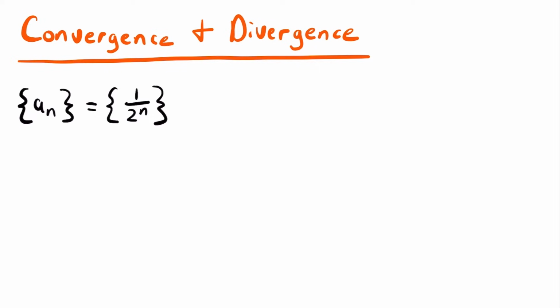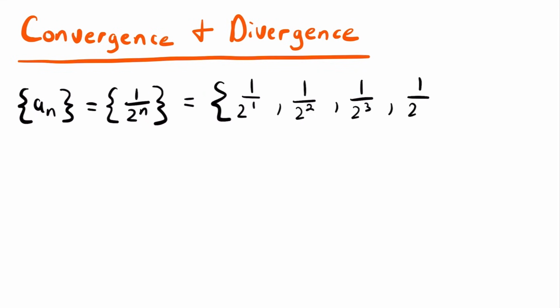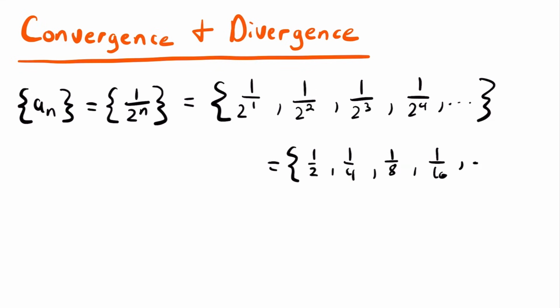If we were to write out those terms, this would be equal to 1 divided by 2 to the power of 1. Then our next term would be 1 divided by 2 to the power of 2. Then we'd have 1 divided by 2 to the power of 3. And then 1 divided by 2 to the power of 4, and so on. And that would be equal to 1/2, 1/4, 1/8, 1/16, and so on.